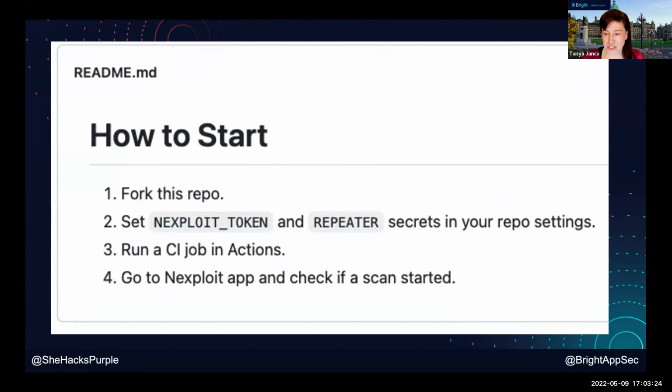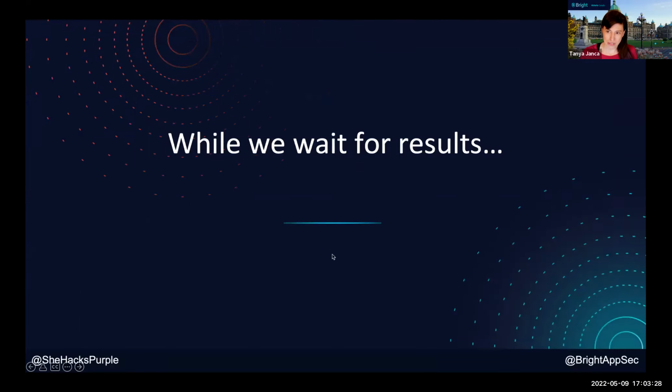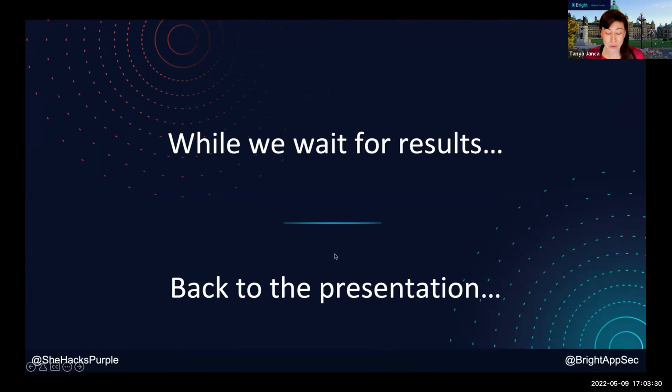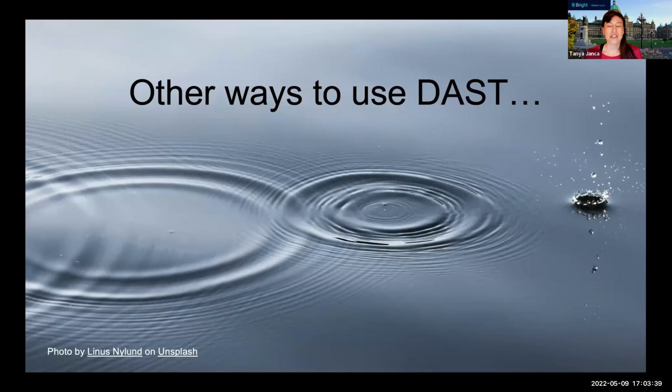While we wait for the results, I wanted to show you a few other ways that you can get DAST to work in your CI/CD pipeline, or sorry, I want to show ways that you can use DAST not in your CI/CD pipeline, because we were talking before about how DevOps is about automation, efficiency, and high quality.